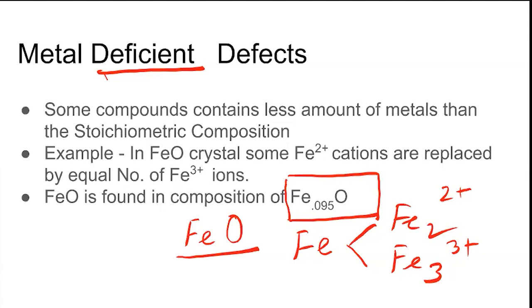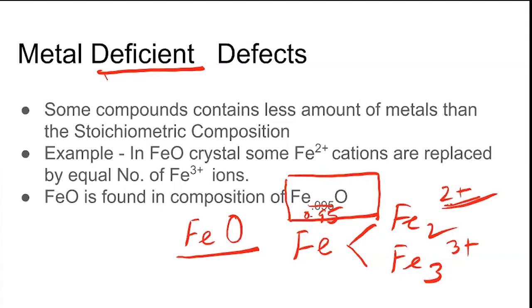So this Fe will be a little deficient. Ideally, it should have been 1, but it is 0.95. It was written 0.095 by mistake; it should actually be 0.95. So only 95% is Fe2+, the ferrous.